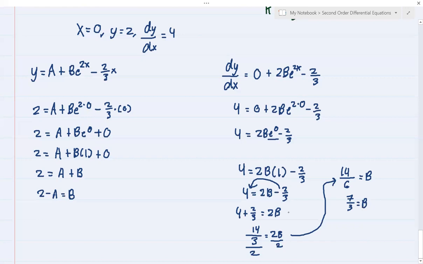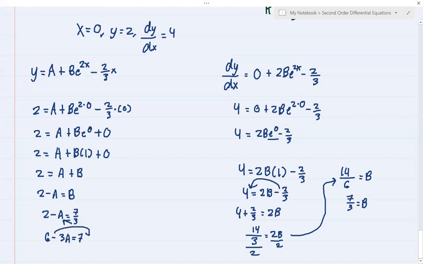Since this is your b, we can substitute it here. So we have 2 minus a is equal to 7 all over 3. Now we have a denominator of 3, so we can cross multiply by multiplying by 3. We will have 6 minus 3a is equal to 7.